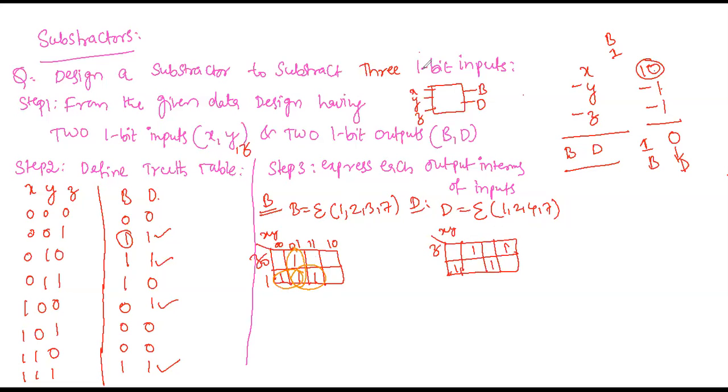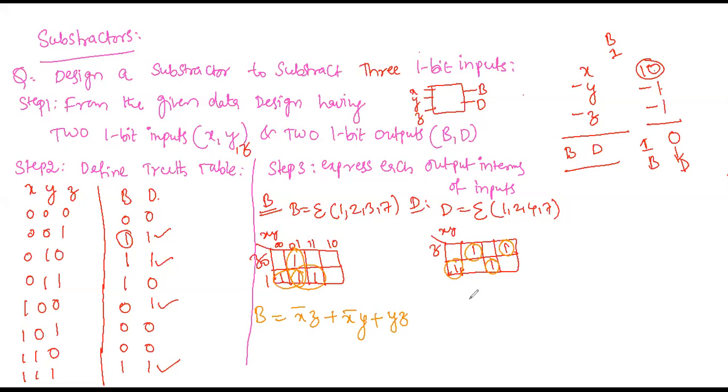So write down the expression. Borrow B is equal to, 3 groups are there: X bar Z plus X bar Y plus YZ. Now write down this one. Look, these are all diagonal, so there is no adjacency in the boxes.